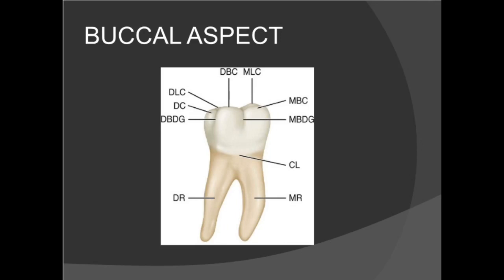The cervical line is almost regular, whereas the root is bifurcated to form 2 roots. One is the mesial root, one is the distal root. The bifurcation point is 3 mm below the cervical line, and the apical third of the mesial root tapers more distally as compared to the distal root.